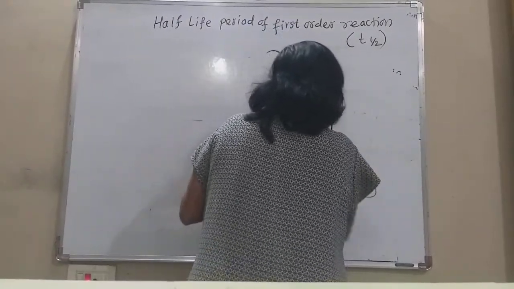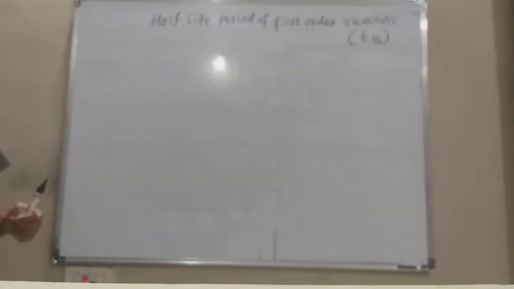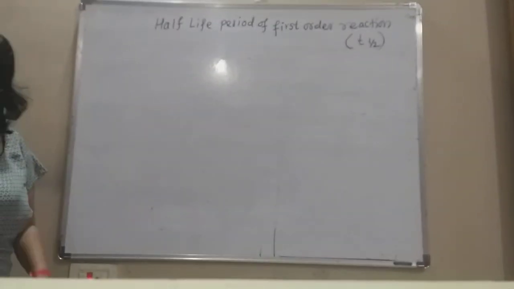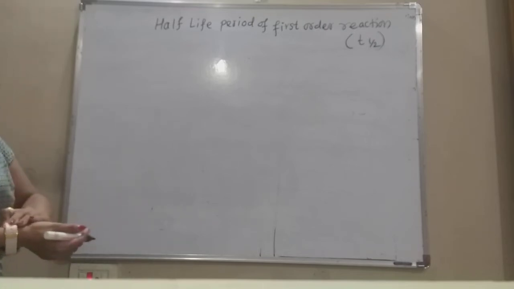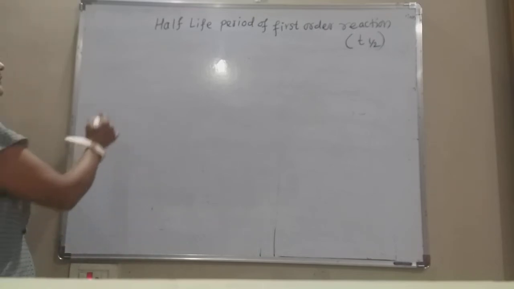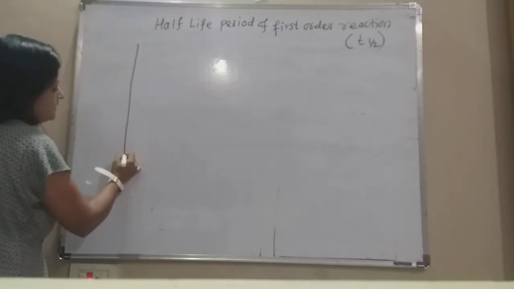How is the graphical representation? If we plot the graph of initial concentration versus time, then the graph is in this way. Concentration versus time, the graph is in this way.